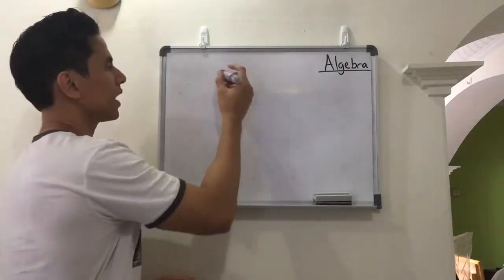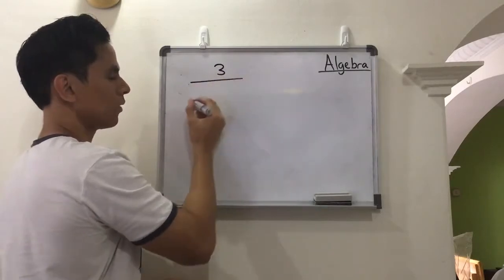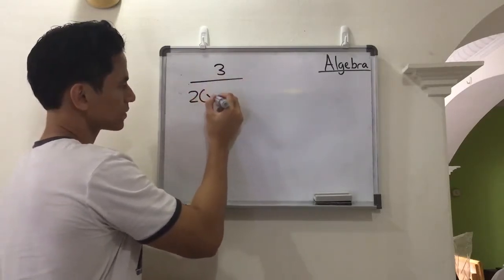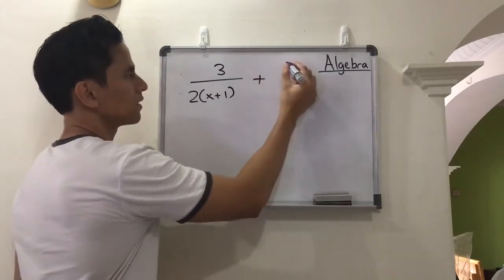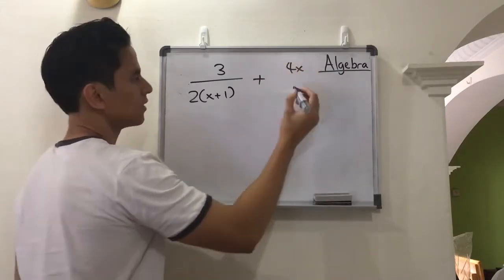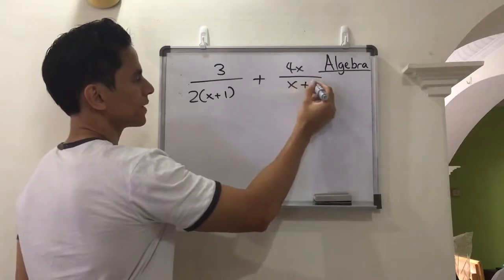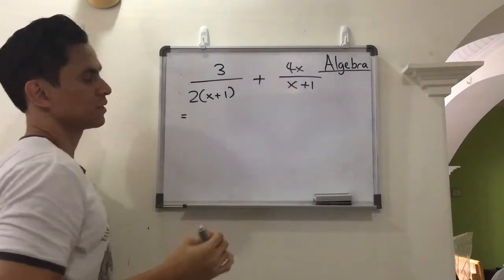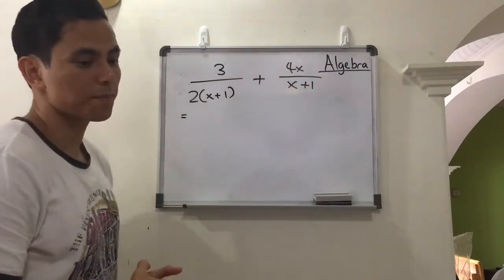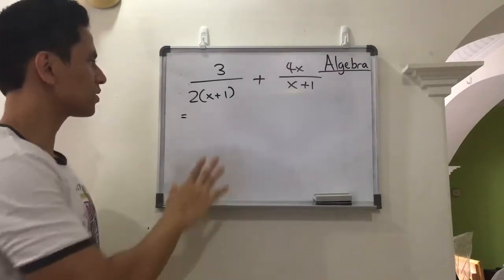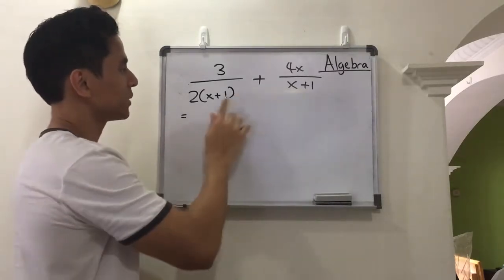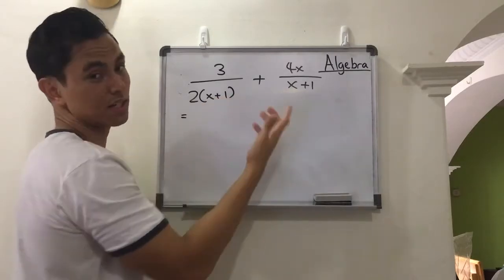The fourth example, we have 3 over 2x plus 1 plus 4x over x plus 1. Okay. So straight away I'm going to say that the question is actually being a bit kind to us. Because right now, they have made it such a way where it's obvious that the x plus 1 terms are the same.